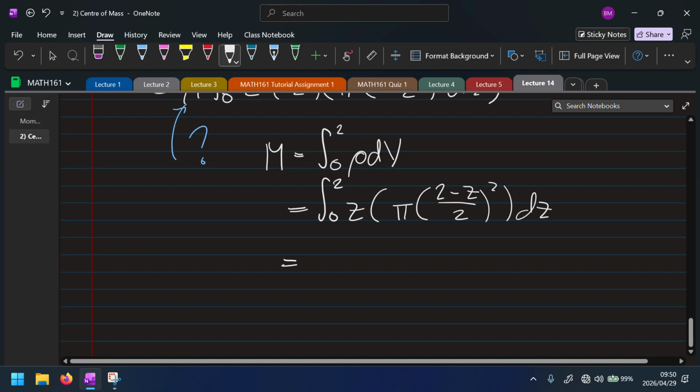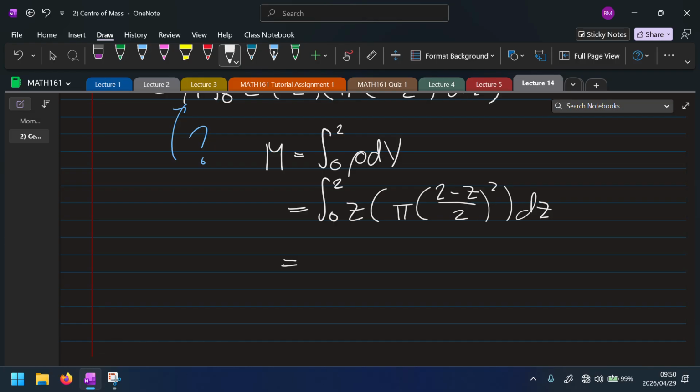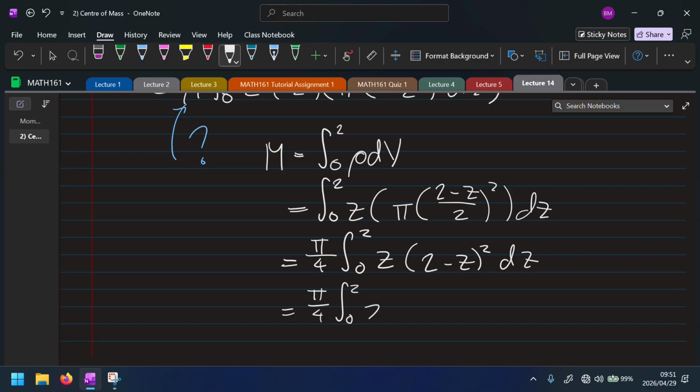Okay, let's work this out. So the pi from the pi r squared, we can take that out. Then in the brackets there, we got 2 squared at the bottom, so there'll be 4. We can take that out. So we have the integral from 0 to 2, z times (2 minus z) squared dz. So we have pi over 4 times z times (4 minus 4z plus z squared).